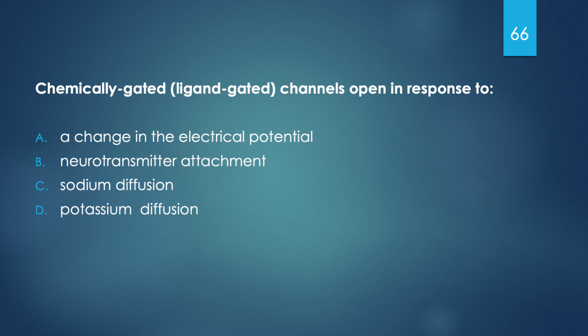And then we have the chemically gated ion channels or ligand gated ion channels. And these are going to open or close when they run into specific chemicals that they bind with. And these are usually ligands. And specifically, you'll see acetylcholine being one of the most common. So in this case, the answer is B, neurotransmitter attachment, because that qualifies as a ligand that would bind to allow the channel to open.